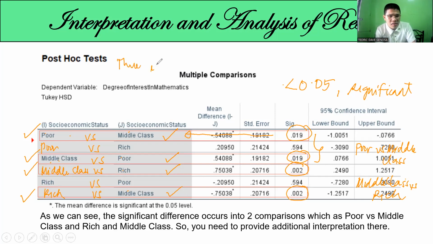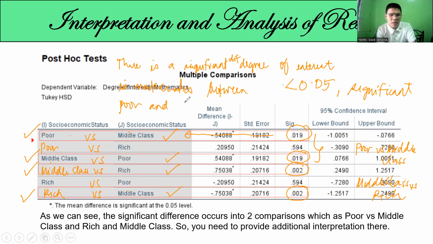There is a significant difference in the degree of interest in mathematics between, of course, poor and middle class students.